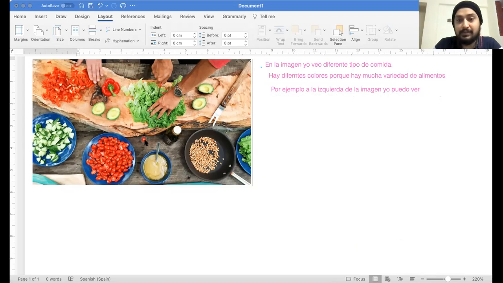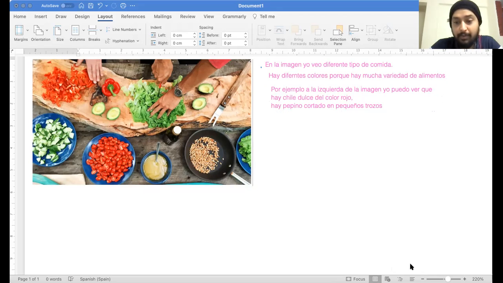What are the different things you can see? A la izquierda de la imagen yo puedo ver que hay chile dulce del color rojo, hay pepino cortado en pequeños trozos o piezas.